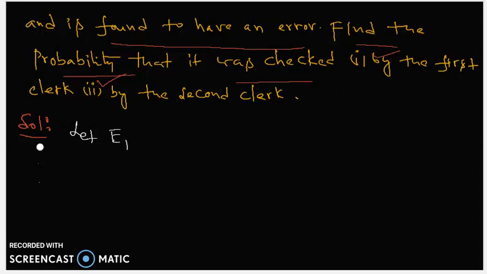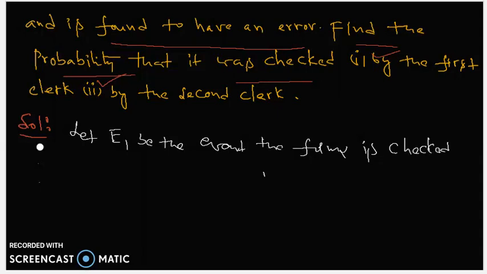Let E1 be the event, the form is checked by clerk 1. Likewise, E2 be the event, the form is checked by clerk 2.